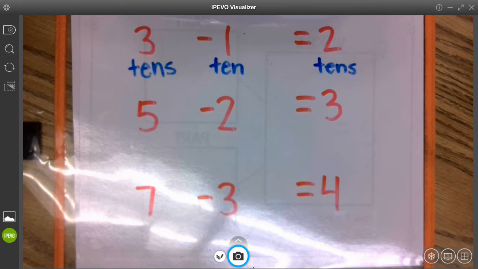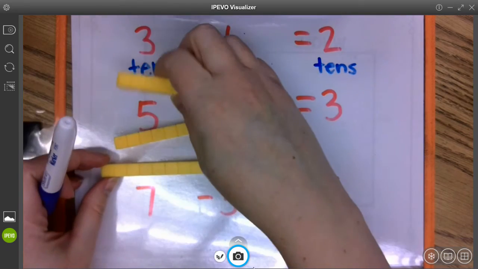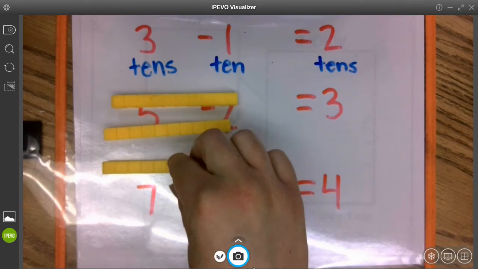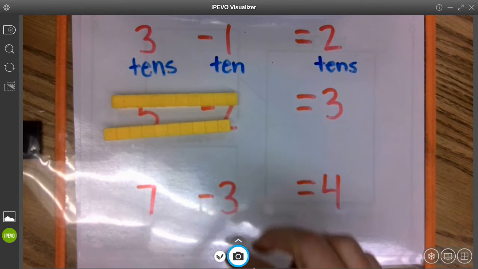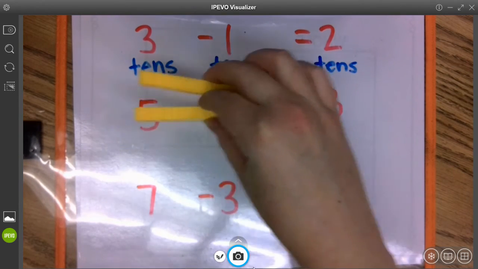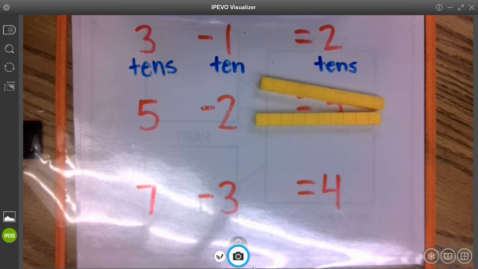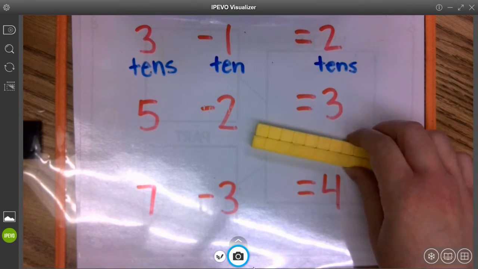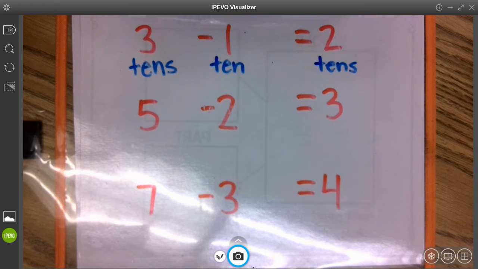Let's model that and make sure it's true. Here I have 3 tens. If I take away 1 ten, I am left with 2 tens. The pattern didn't change, we just changed what we were modeling with, which place value we were focused on.